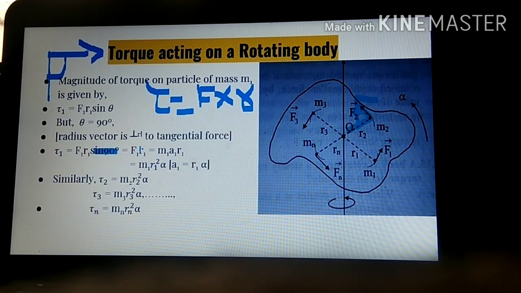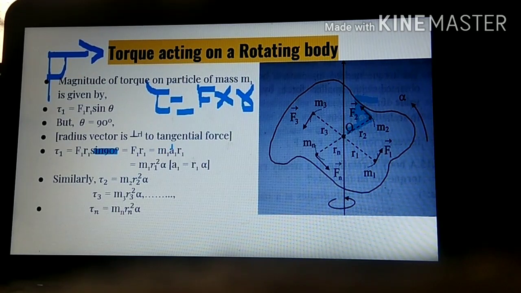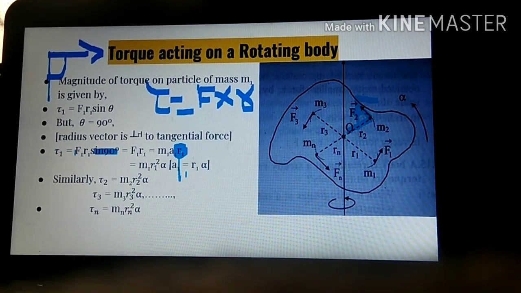Now force can again be written as mass into acceleration. So M1 A1 R1. Again A1, that is acceleration, can be written as R1 alpha. R1 was already previously over here, so R1 will become R1 square. Again, torque tau 1 is equal to F1 R1.